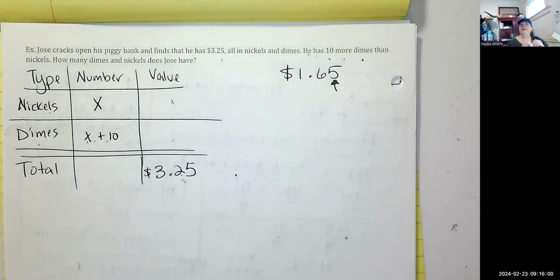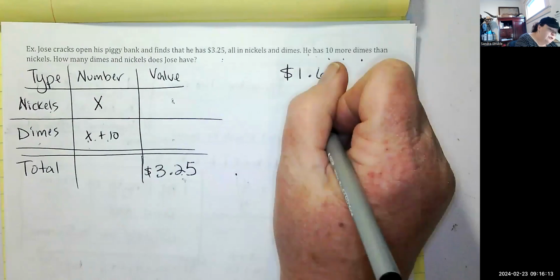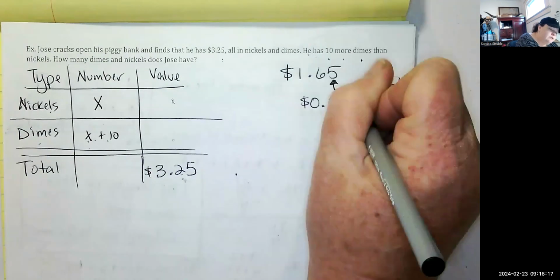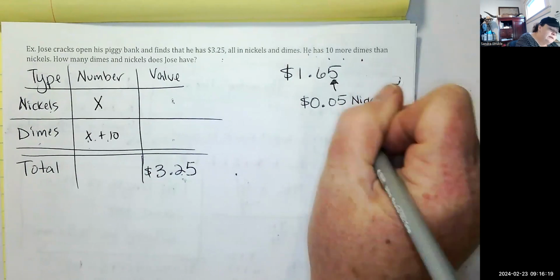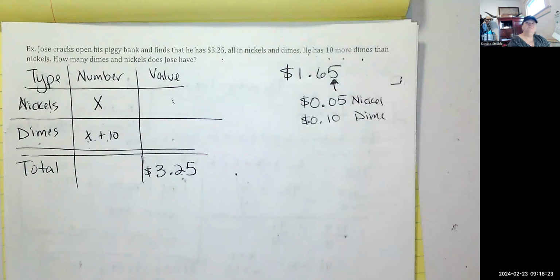And in this case, the 5 could be representing 5 pennies or a nickel. It's the lowest currency. So we need to go all the way over there. And we know that a nickel is worth 5 cents, and a dime is worth 10 cents.